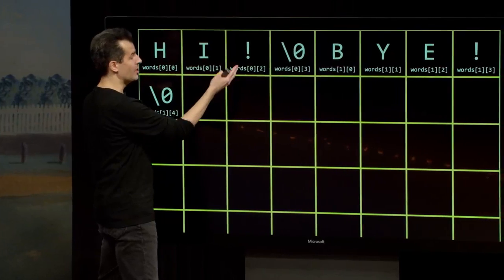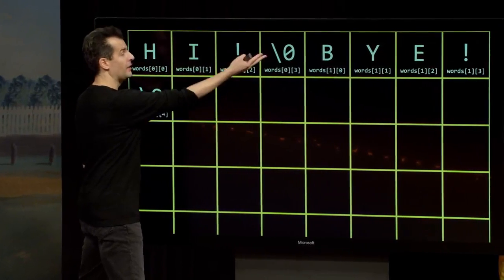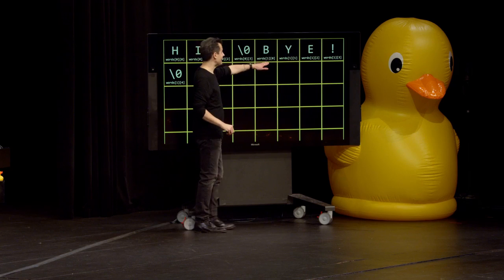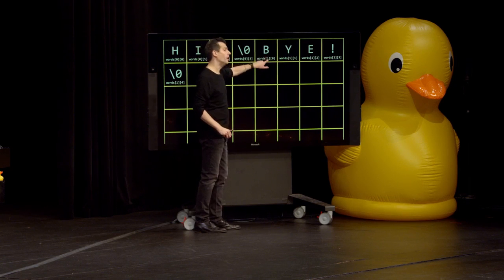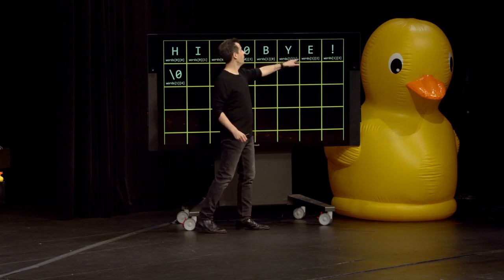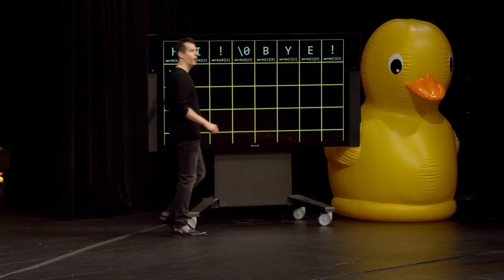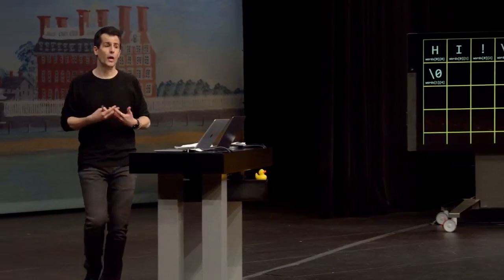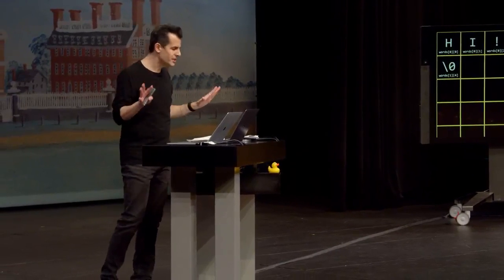The exclamation point is at words bracket 0 bracket 2. And the null character is at words bracket 0 bracket 3. Meanwhile, the b is at words bracket 1 bracket 0. 1, 1, 1, 2, 1, 3, 1, 4. So it's almost kind of like a coordinate system, if you will. It's a 2-dimensional array or an array of arrays. So this is only to say that if we wanted to think of arrays of strings as individual characters, we can. We have that expressiveness now too in code.